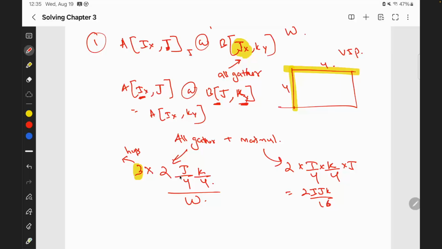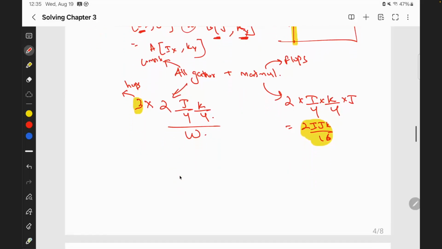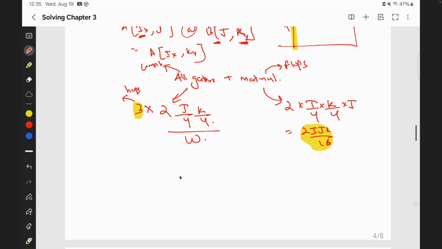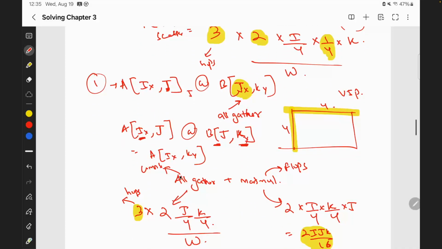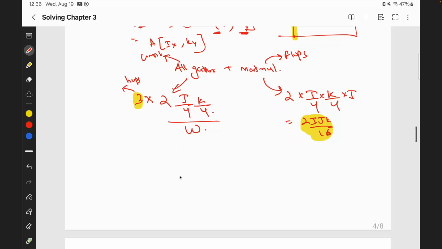This is the flops, and here it is comms. You have to do this operation to get results when you have this kind of sharding. First you have to do an all gather and then matmul. If you know about ZeRO, there you have to do an all gather and then do matrix multiplication. So this was about the training.